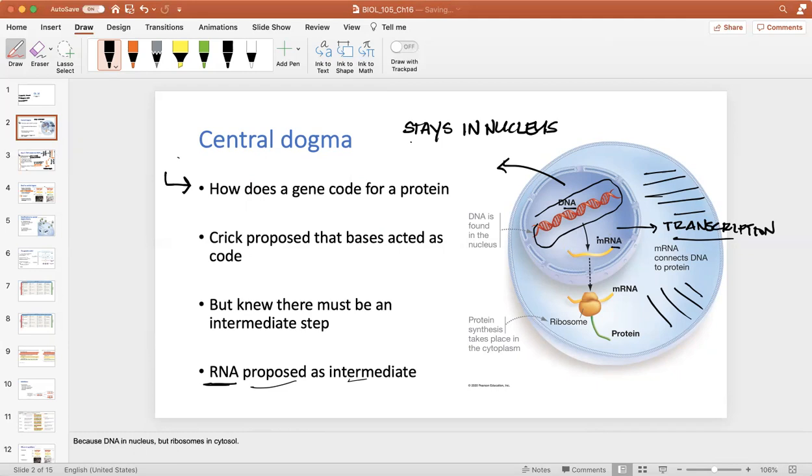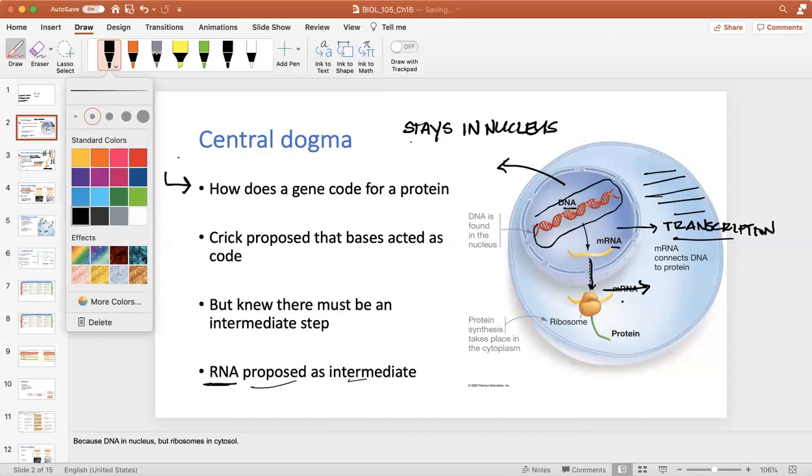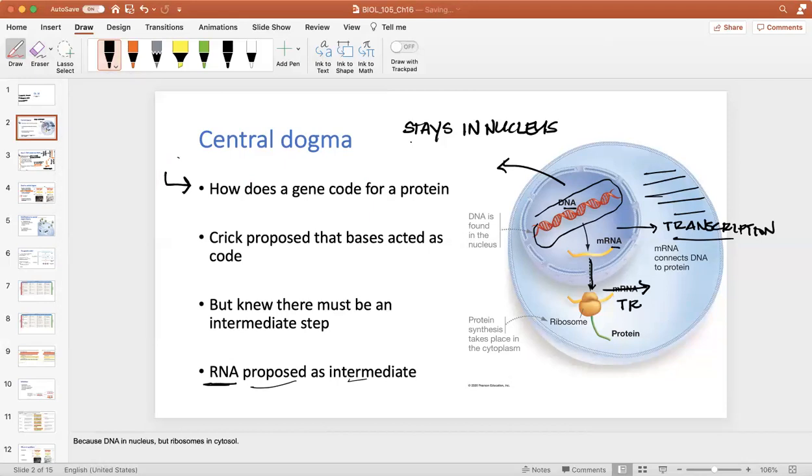The next thing that Crick proposed is that this mRNA, this messenger molecule, leaves the nucleus and travels to the cytoplasm, where it is then translated into protein. So this process of going from mRNA into protein is called translation. And when I think about remembering this term, when you translate something, you're moving from one language to another.